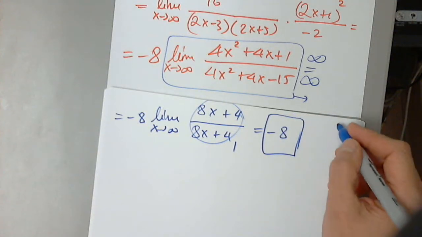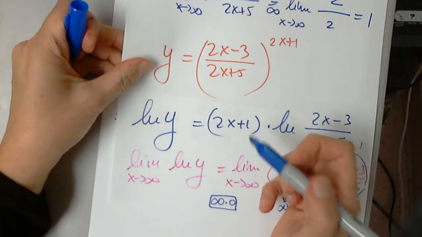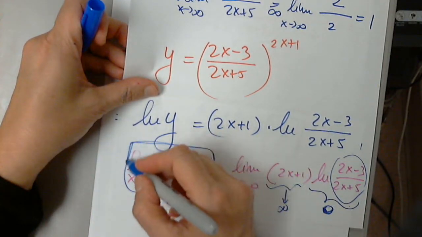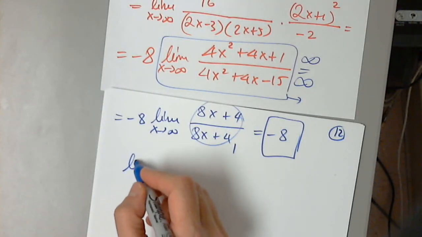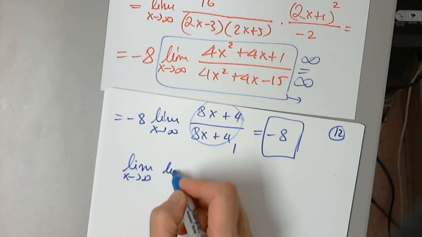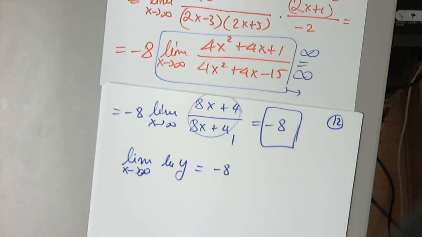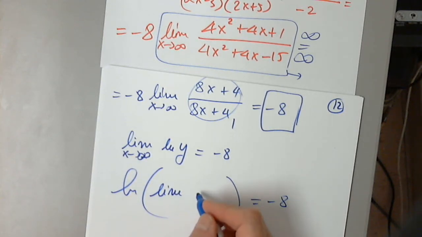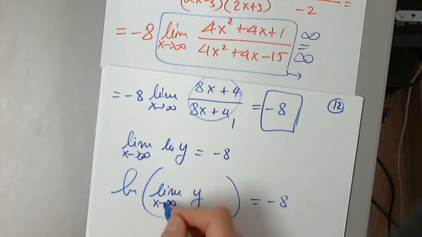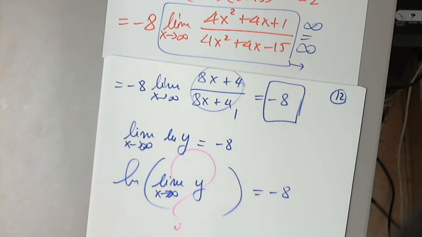We have the last step, and 5 pages earlier, I had the beginning. So then natural log, so limit as x approaches infinity of natural log y is negative 8. Finally, I can swap. And then I'm going to ask you again. So the answer is no, it's not 1.